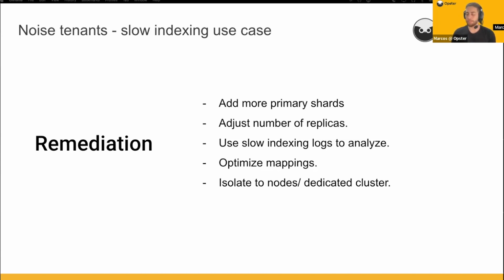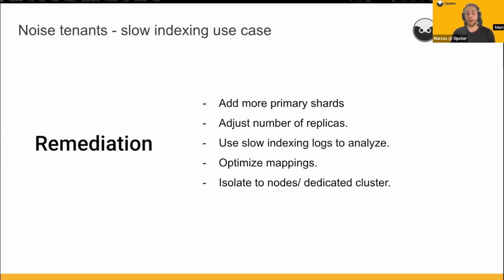To give you an example, let's say that you have one index with one primary shard only, and your cluster has 10 data nodes available to receive this shard. If you add one replica to each data node, the cluster will be intelligent and will select the best nodes to run the request, the query.